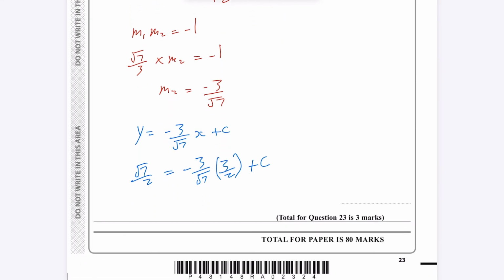When you multiply that out and rearrange, you end up with c is equal to 8 root 7 over 7. Then we can write the final equation as y is equal to the gradient, minus 3 over root 7, x, plus c, which is 8 root 7 over 7.